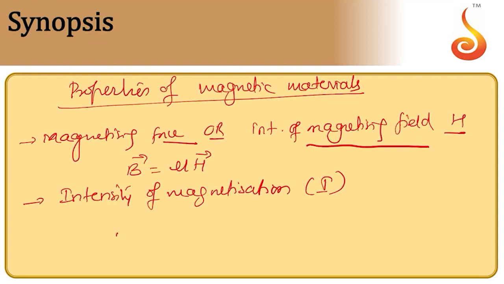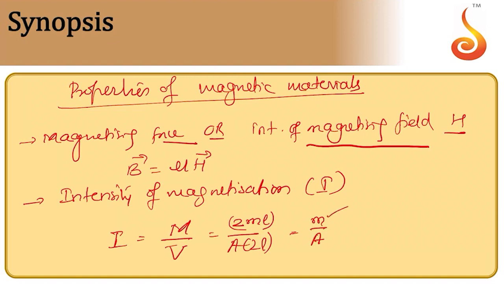The intensity of magnetization is defined as magnetic moment per unit volume. This is many times represented as m into 2L divided by A into 2L. Just like q into 2L, this is m into 2L. So we can also write it as m divided by A, where m is the pole strength and A is the area.